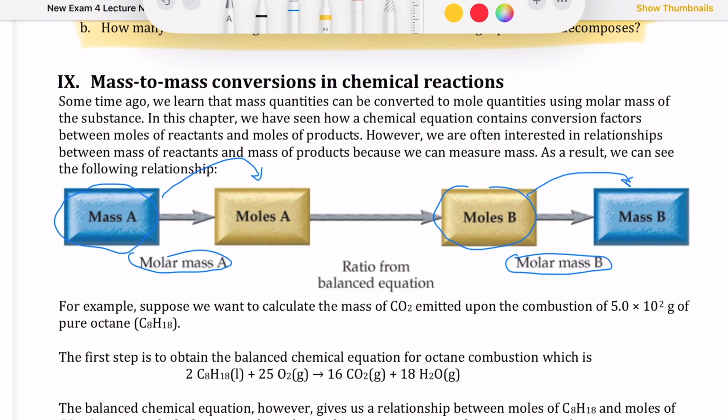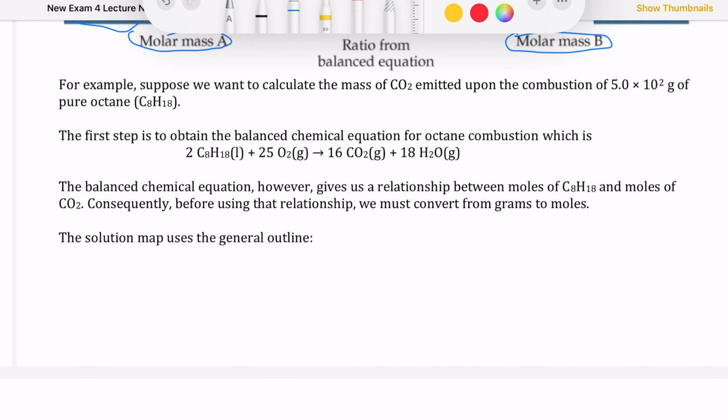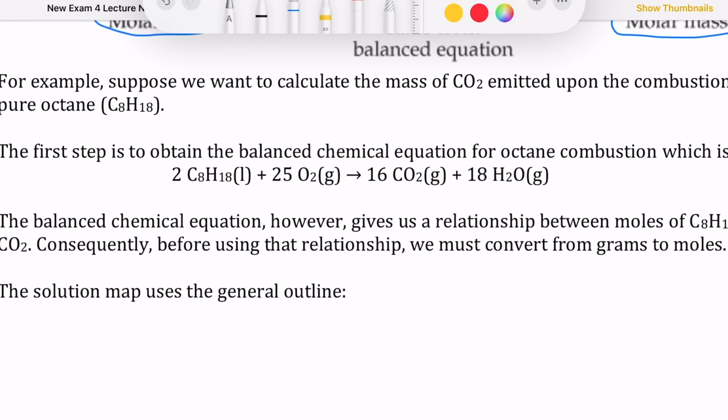Graduated cylinders, burettes, other things can all measure volumes, but nothing measures moles directly. So we need to convert from what we can measure to something that actually relates to our reaction, which is moles. Moles is what actually is happening in the reaction, but what we can measure is something else. So we need to convert between the thing that we can measure and the thing that's actually happening in the reaction.